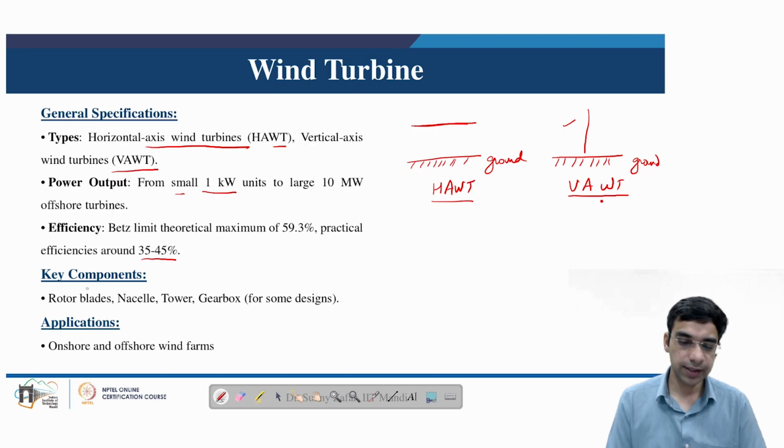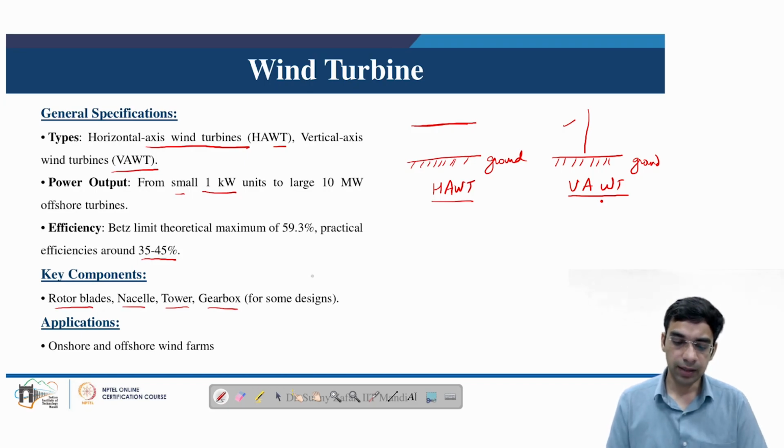The key components in any wind turbine include the rotor blades, the nacelle, the tower and the gearbox. We have seen the details of this arrangement in the previous lesson, where the rotor blades are primarily responsible to extract energy from the blowing wind, and they are made up of lightweight high strength materials.